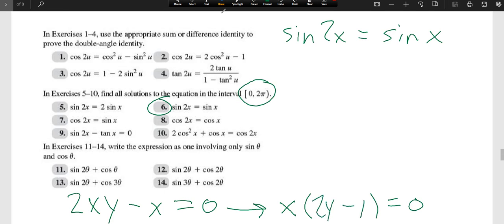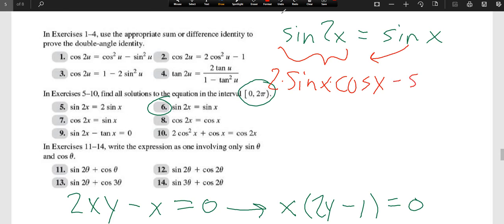So that logic is exactly what you're going to be doing here. So we've replaced this part with 2 sine x, sorry, I forgot my 2, times cosine x. And we're pushing this to the other side, so we have a minus sine x equals 0.